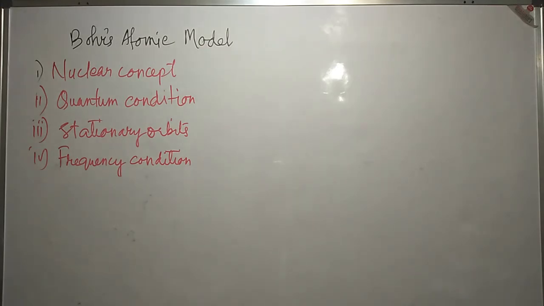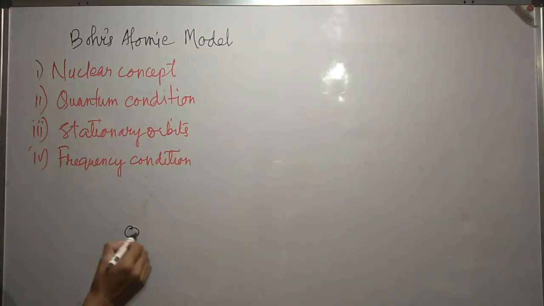Those discrete energies are in terms of photons. Those energies will be either emitted or absorbed only when the electrons are excited or jump.